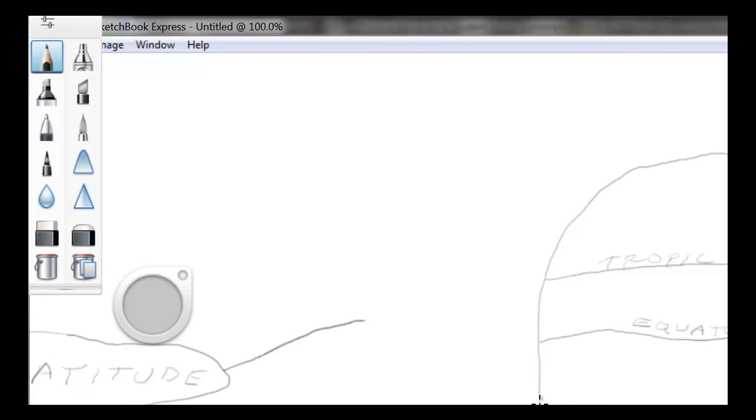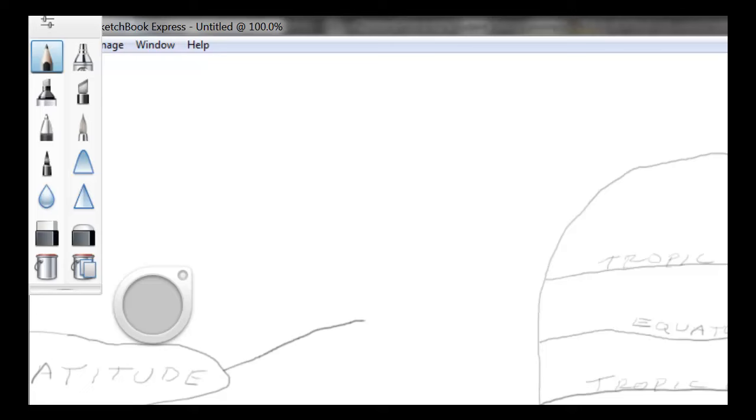So everyone's mindful of Cancer, so it makes it easy for me to think of that northern important line of latitude. The southern one is the Tropic of Capricorn. And that is 23.5 degrees south.